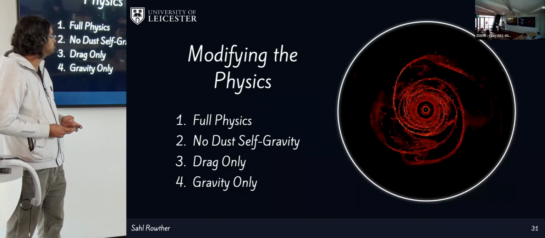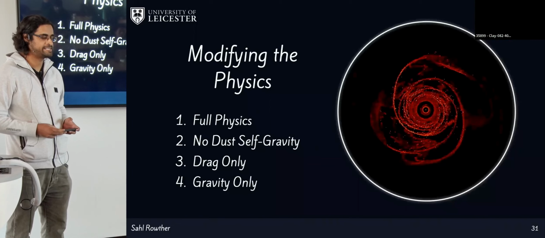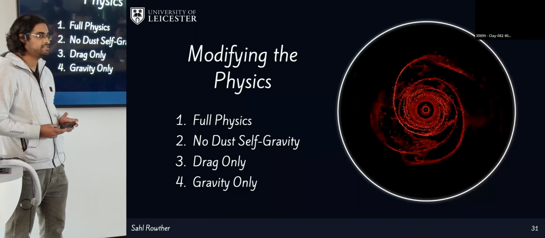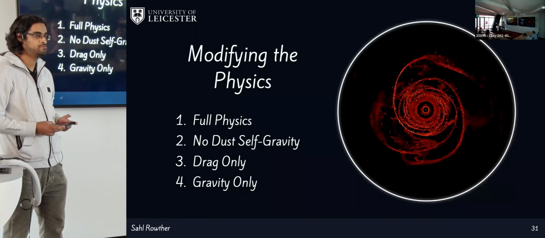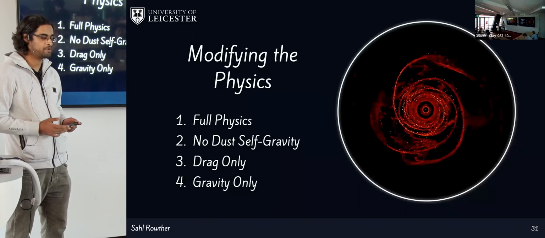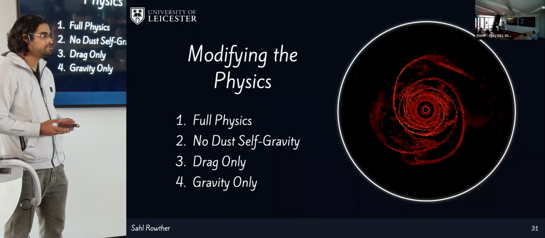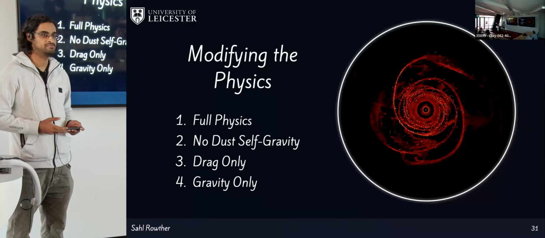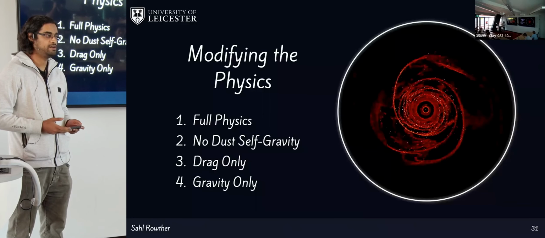And so the 4 simulations are, first, just full physics, so it's just the normal simulation that's continued further as a comparison. The second is where we turn off the self-gravity of the dust, so the dust does not feel other dust particles.